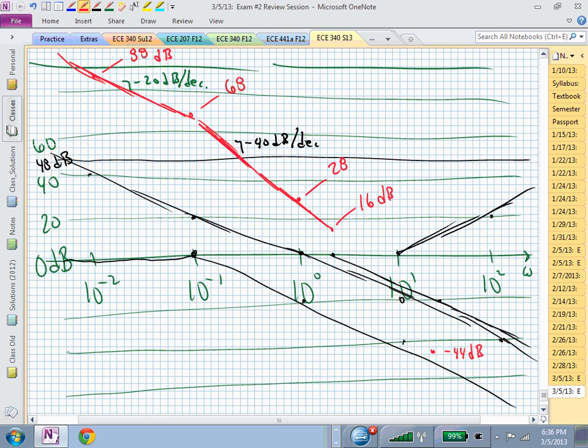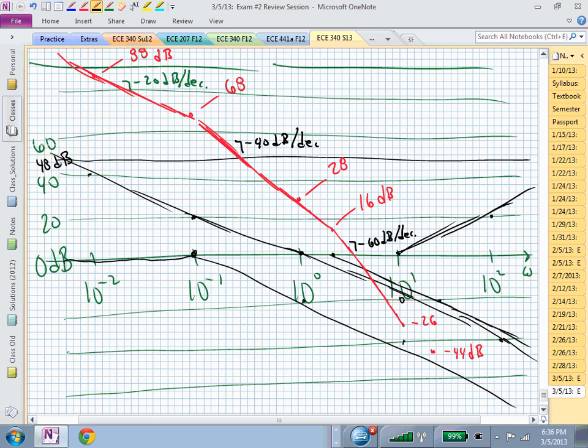I only added 18, so I'm at minus 26. I'm at minus 26 dB when I reach 10. Is that making sense? This maybe will be clearer when you look at it some other time, but this is now minus 26, and that's now sloping at minus 60 dB per decade.